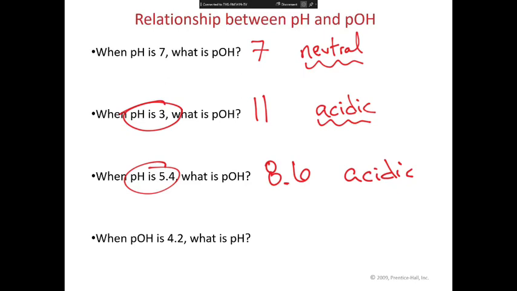And this other one goes kind of in the reverse order for the question, but it's just as easy to get the answer. When POH is 4.2, what's the pH? Essie? 9.8. Good, 9.8. Is this solution acidic or basic, Davis? Basic. Basic, good, because the pH is 9.8. That's more than 7.